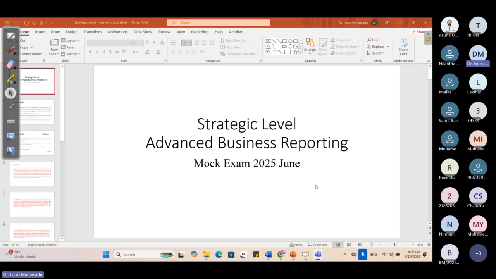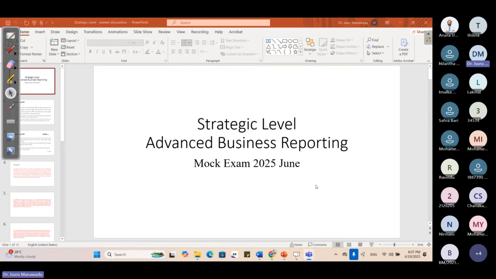There was a question on that, the time value of money application, how you should calculate lease liability and right of use asset. Then there was a question on SLFRS 9, financial instruments. Not only one question, there are two questions on financial instruments.